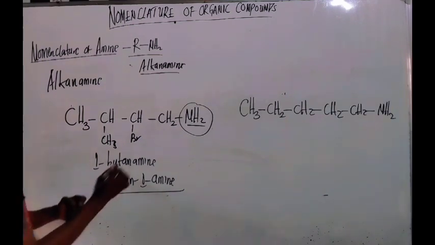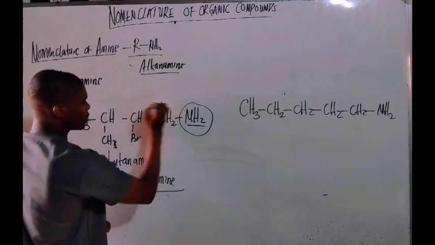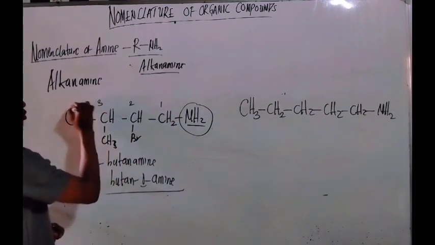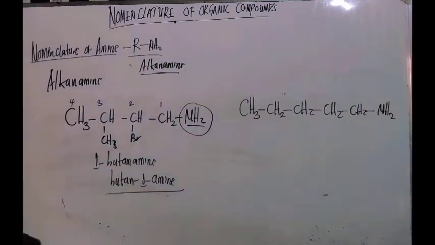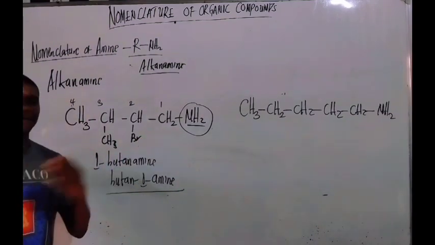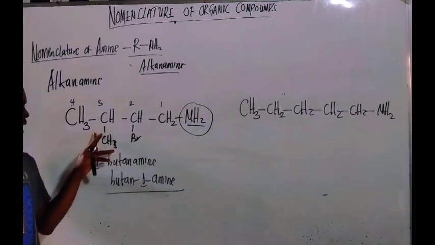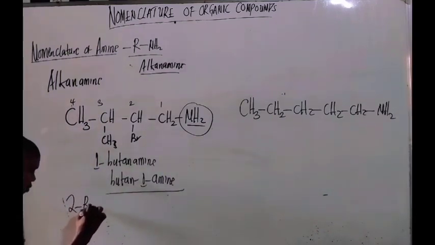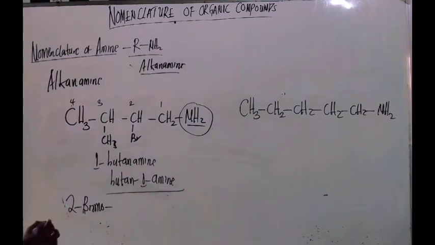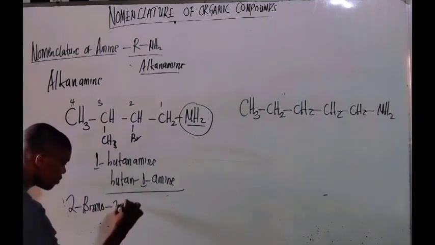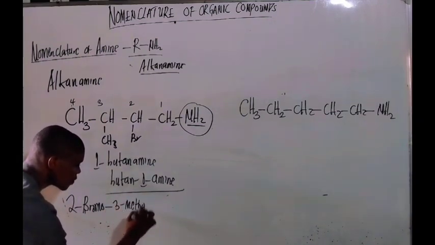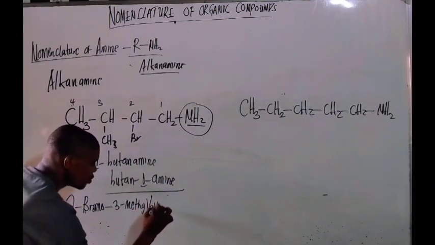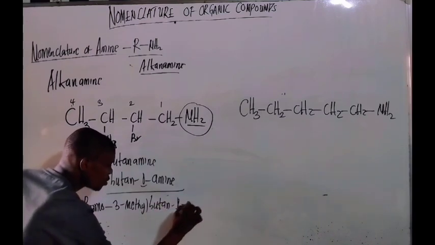Now, here was my carbon 1, 2, 3, and 4. So if you check very well, in alphabetical order, B will come before M, right? So it's going to be 2-bromo, here we have 3-methyl, and here we have butanamine.